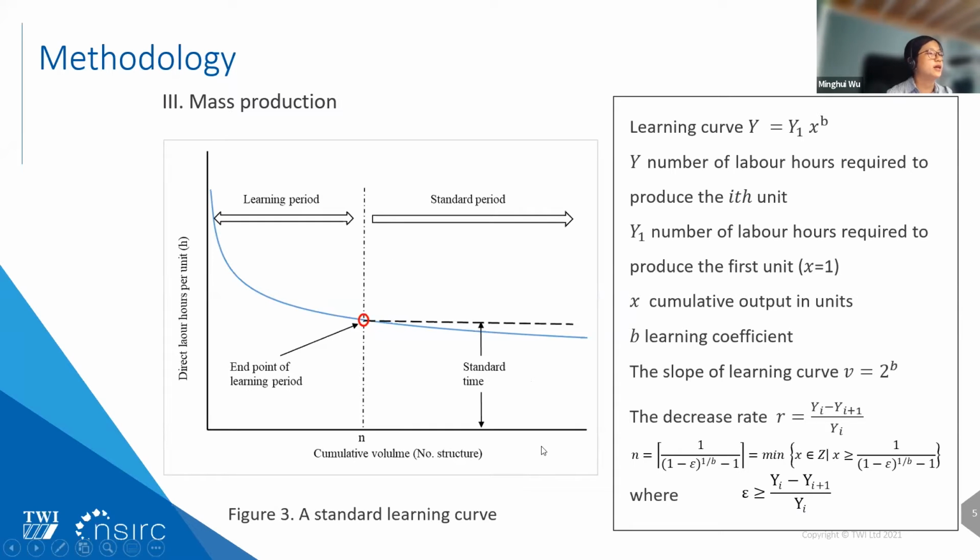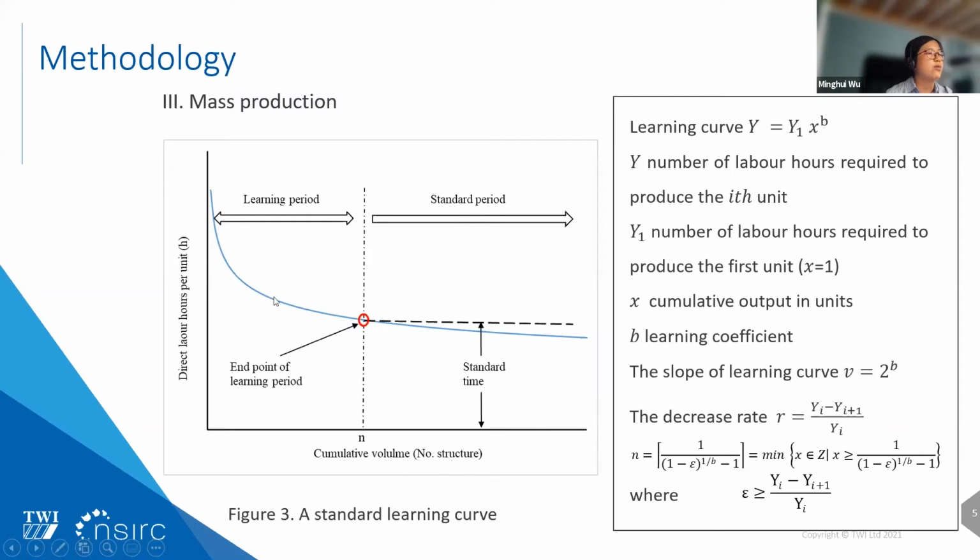This theory says each time the number of units produced doubles, the cumulative average time per unit is reduced by a constant. So in general, the mass production process can be divided into 2 stages, the learning period and the standard period.